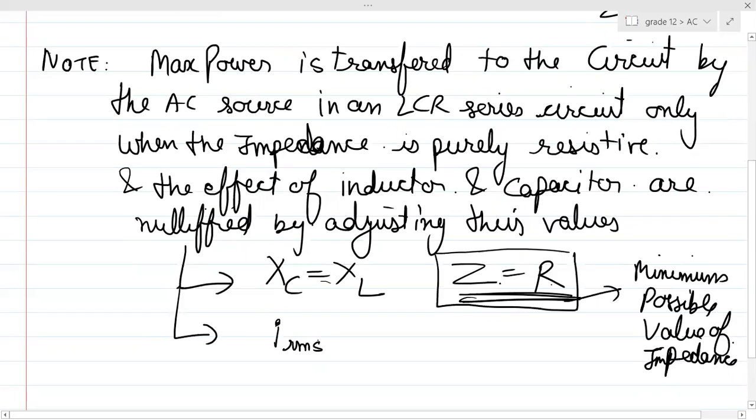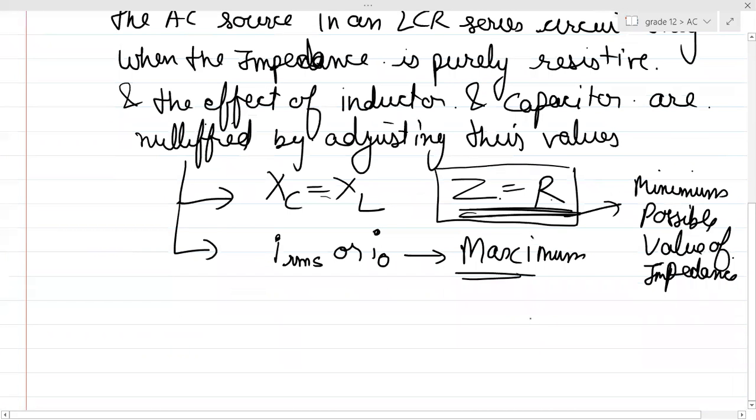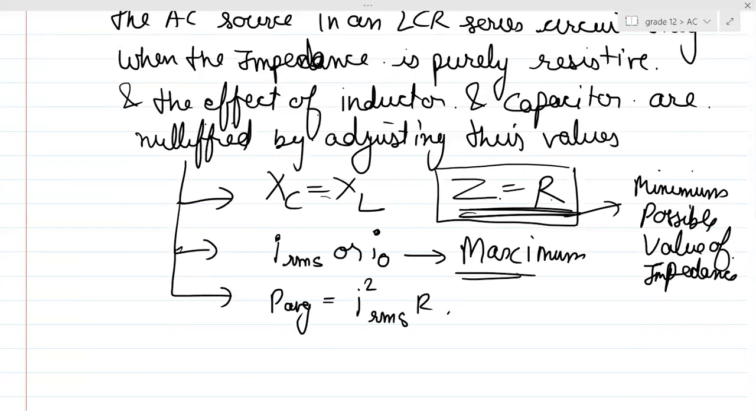So at that instant, can I say IRMS or I naught will become maximum possible? Is this clear? Can you see if the impedance is minimum, then automatically the current becomes maximum, right? Yes or no? So at this point, when the current becomes maximum, do you remember the average power, which was equal to what? I square RMS into R, right?